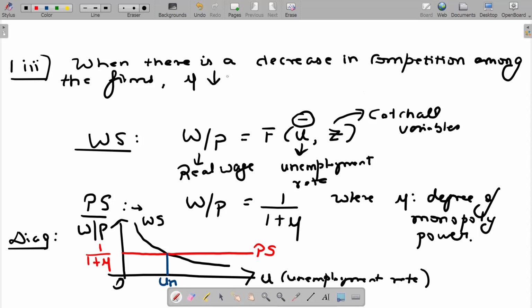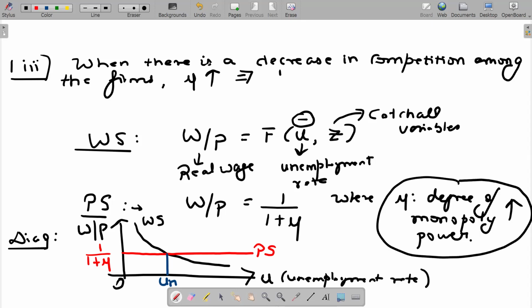Let me correct myself. When there's a decrease in competition among the firms, it means you're moving more towards monopoly. Remember, when competition is falling, you are becoming more of a monopolist. Mu will rise. Decrease in competition means increase in monopoly power.